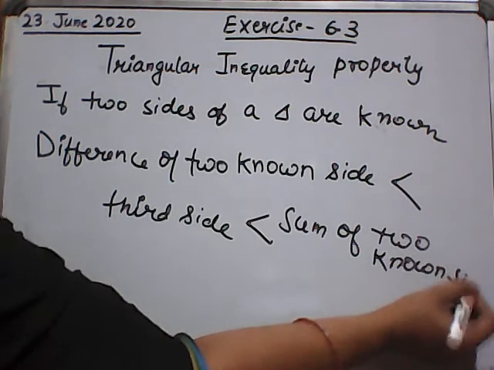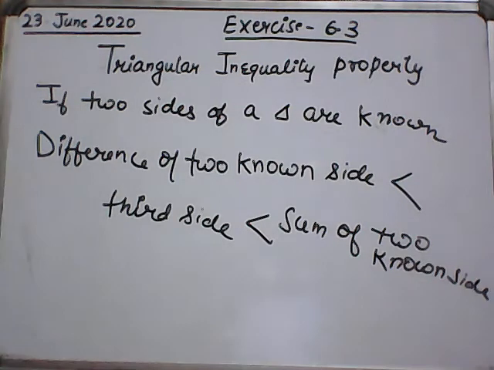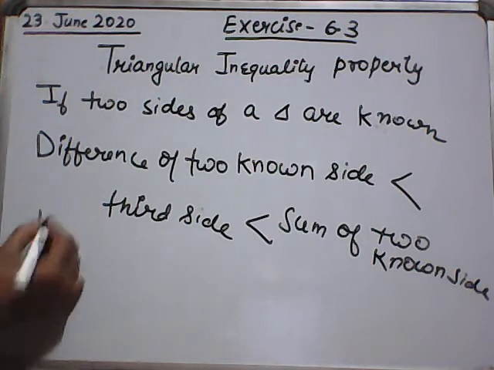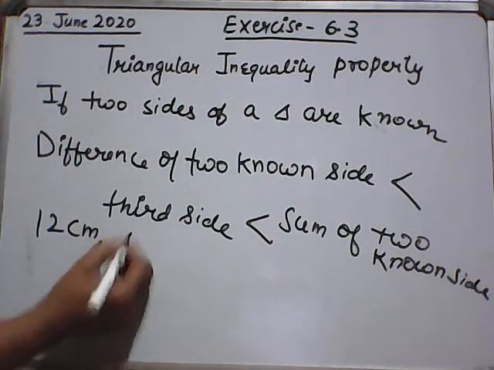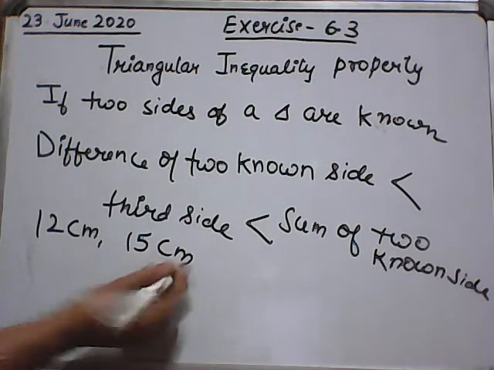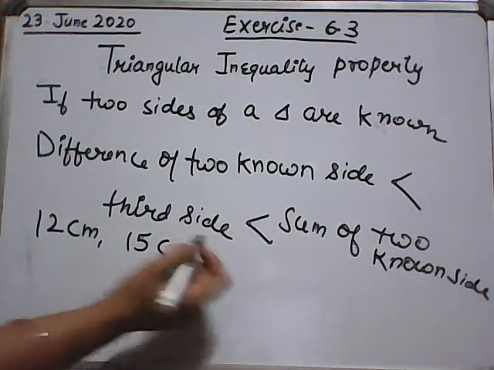For example, suppose two sides of a triangle are given as 12 centimeter and 15 centimeter, but the third side is not known.